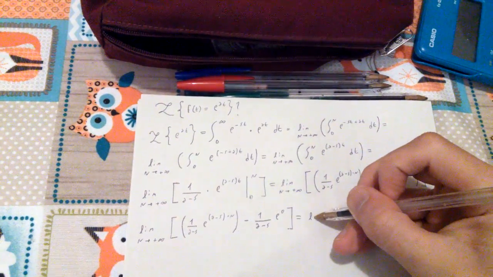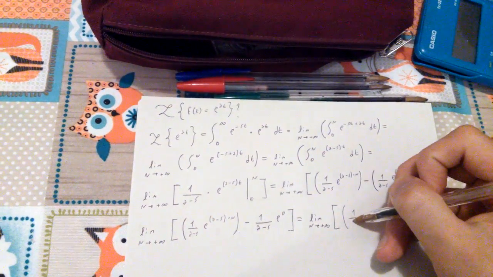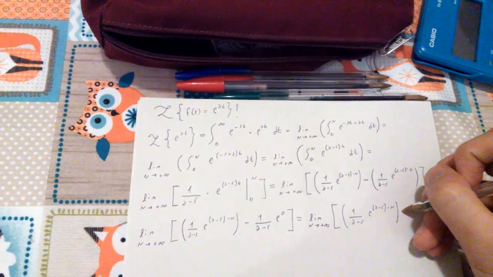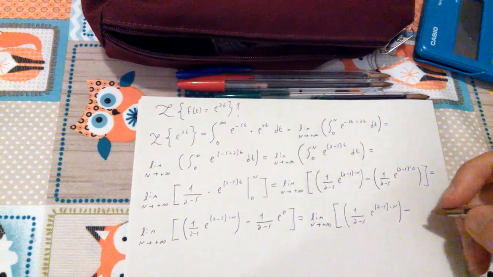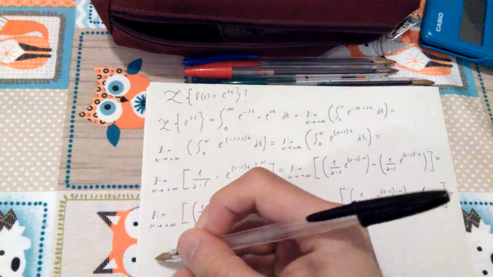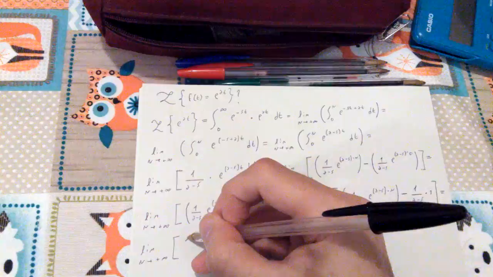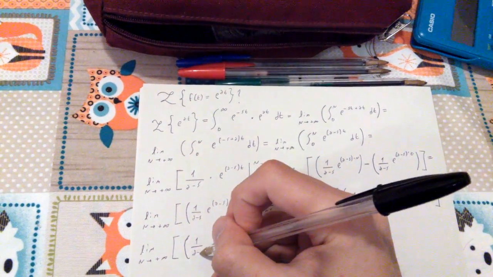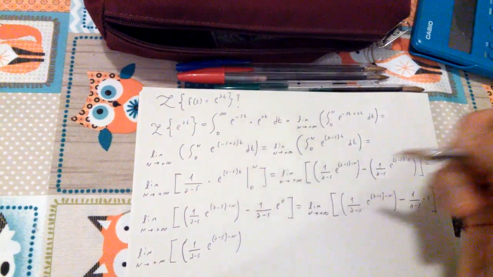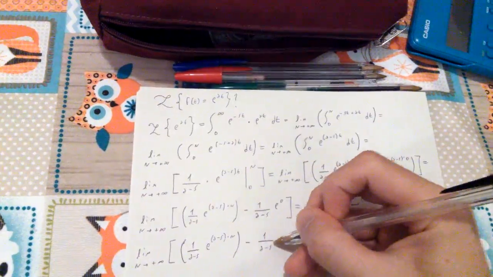So this is the limit as n approaches positive infinity of 1 over a minus s e to the a minus s times n, minus, well, e to the 0 is 1, so 1 over a minus s times 1.